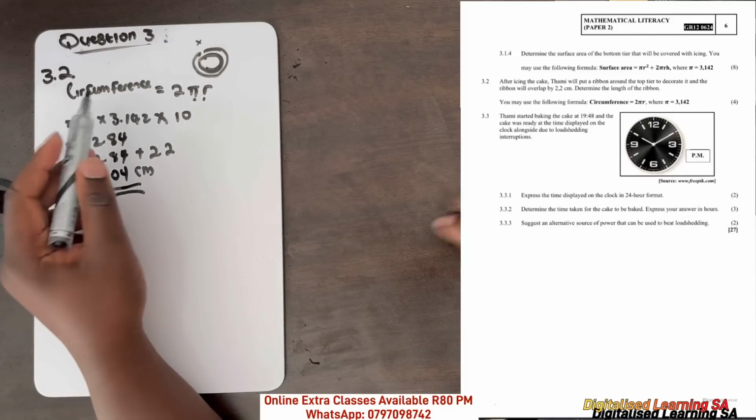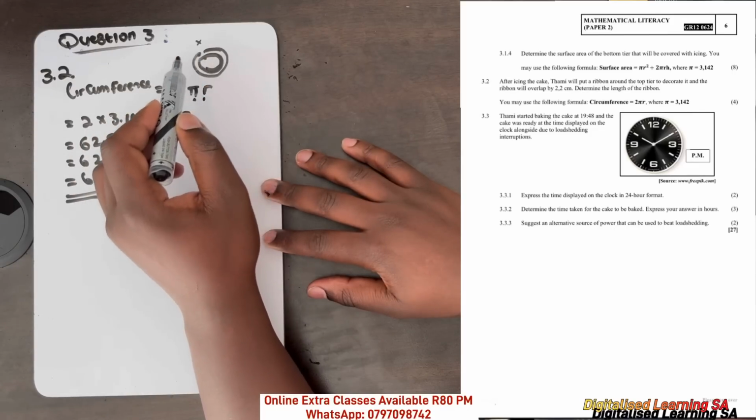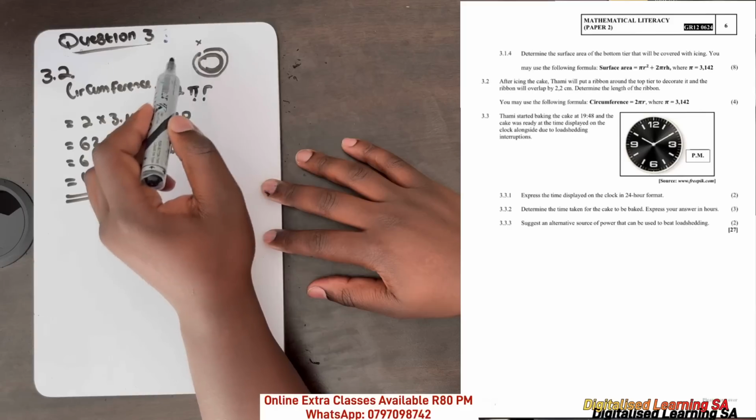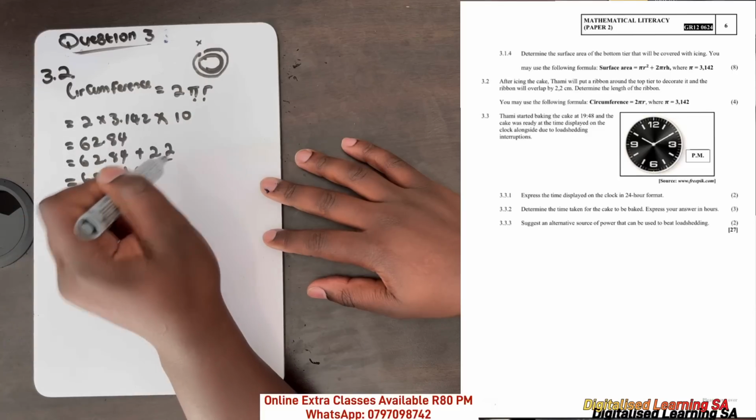And what does overlap mean? Remember, the circumference is the total distance around our cake, but the distance has an additional overlap or length of 2.2 centimeters.